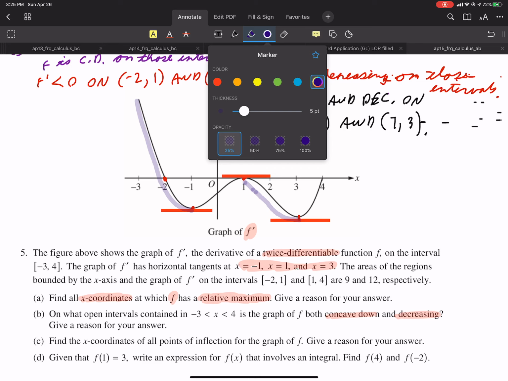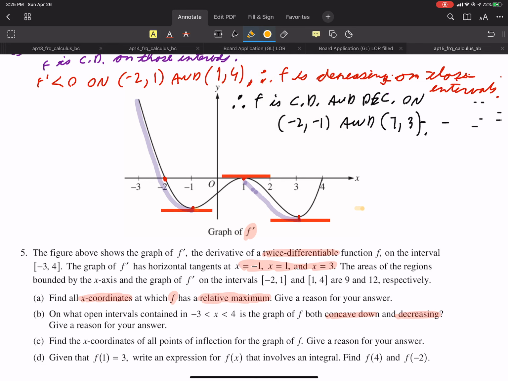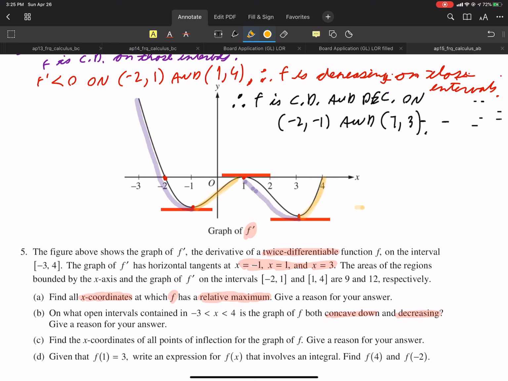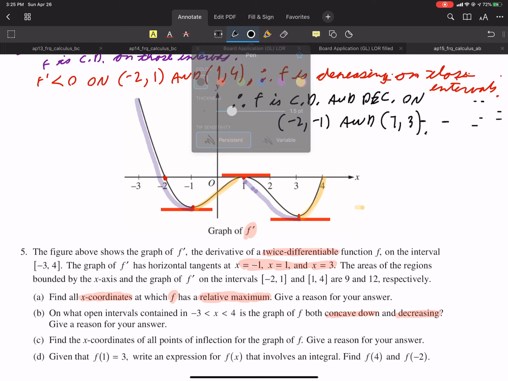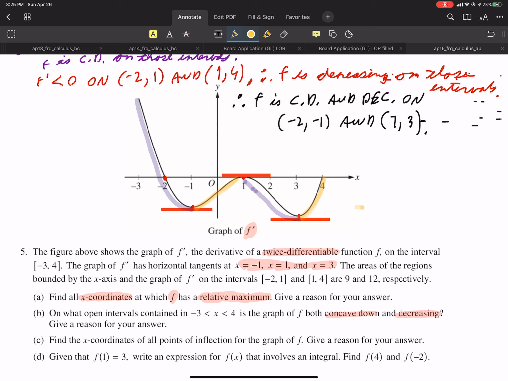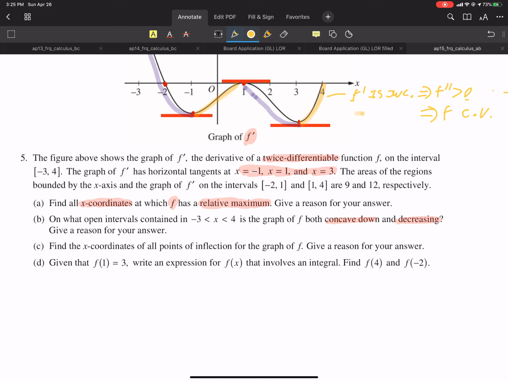Here and here, that's the region I'm going to focus on. On those regions, here's our logic: f prime is increasing, implying that f double prime is positive, implying f is concave up. So we're going to make that argument in part C.